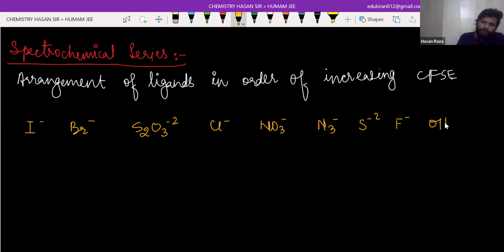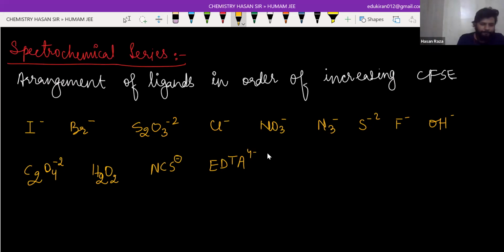Then OH minus, then your C2O4 minus 2, then H2O, then NCS minus, then EDTA minus 4, ethylene diamine tetraacetate, or EDTA we can write directly.